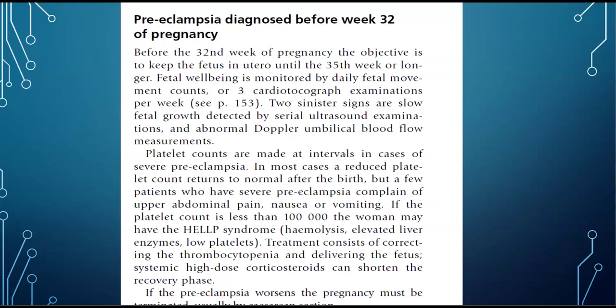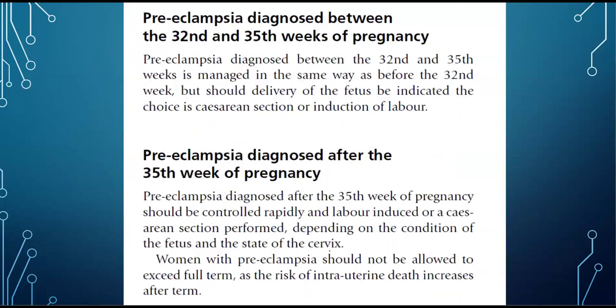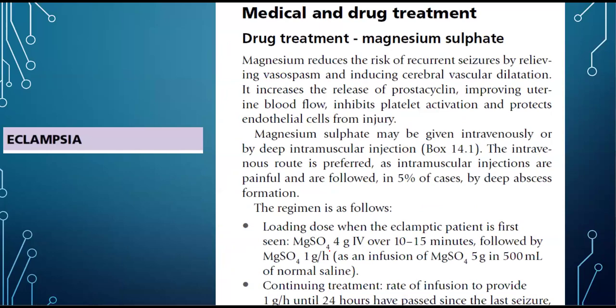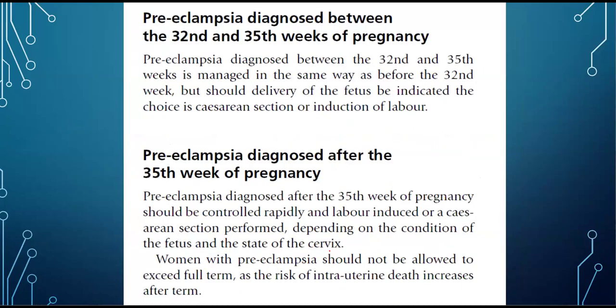Now, this is where they have discussed, depending on the age of pregnancy, what should be your management. Okay, so we had a good discussion already. Let me just go through it.